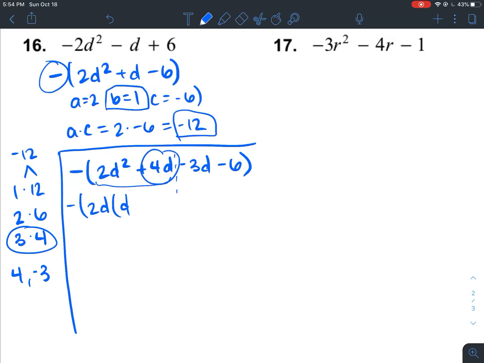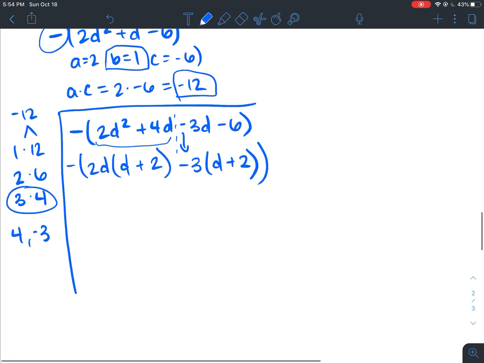And if you take out the 2d from here, you'll be left with plus 2. Drop your sign here, that's negative. Now we can take out a 3 from 3d and 6, so take out the 3. So that's going to be d. Now it's no longer going to be minus right here, because we took out the minus over here. So now it's going to be positive. And then positive 6 divided by 3 is 2.